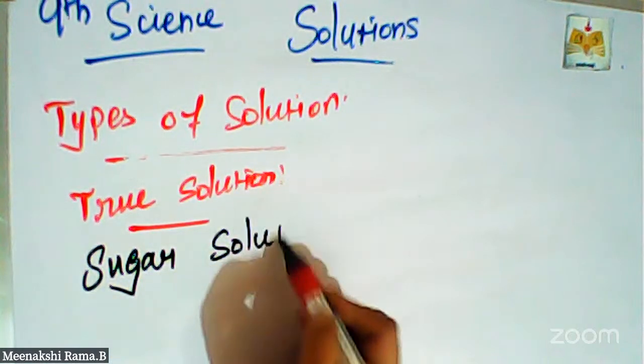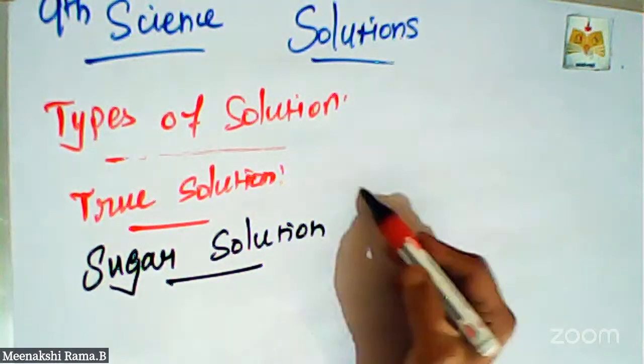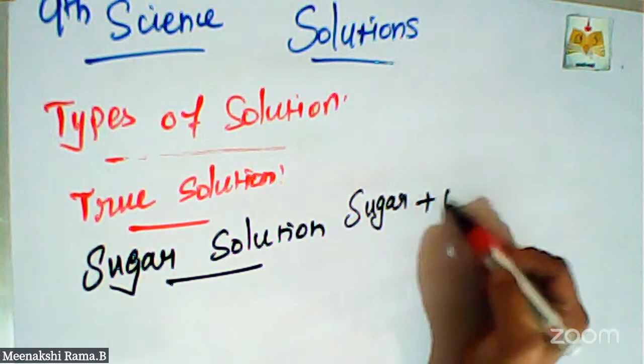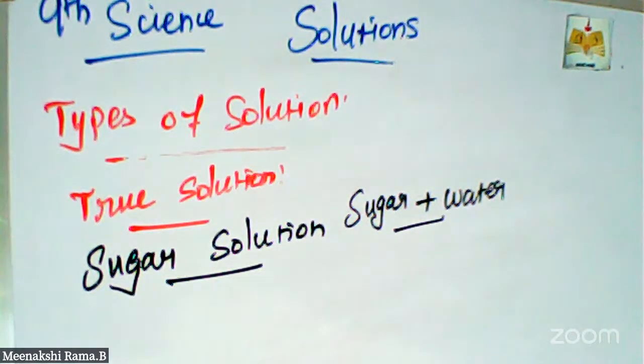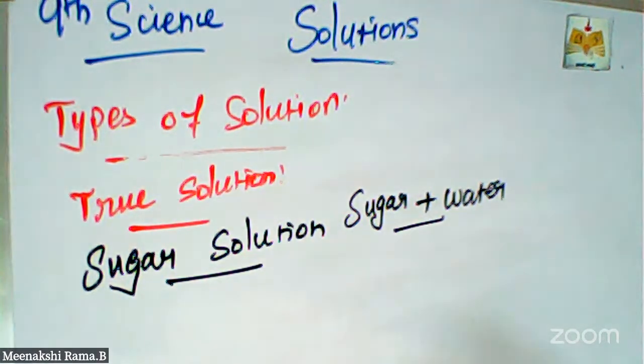In sugar solution, what are the components? There are two components present here. One is sugar, another one is water. These two main components are essential for the preparation of a true solution.